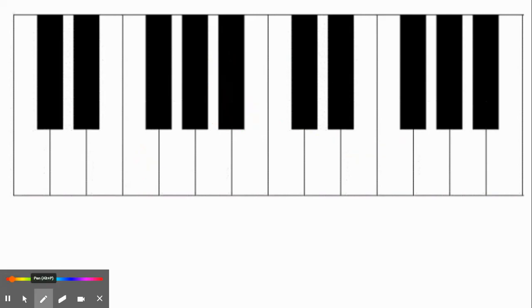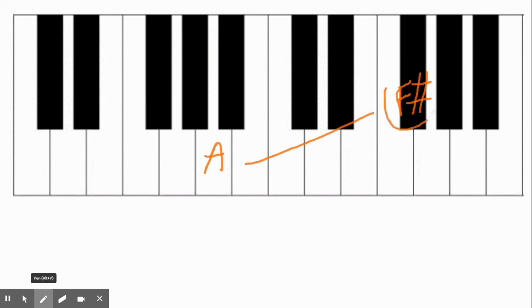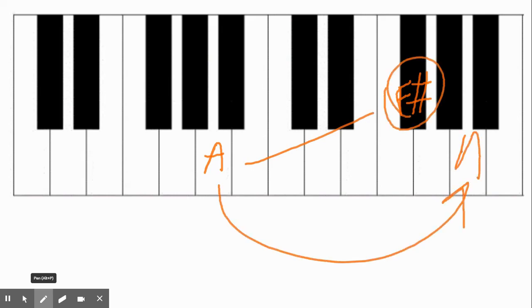If I start on A and I go to F sharp, that is a major sixth. But if I make F sharp my root and invert that and put A up here, I have a minor third.